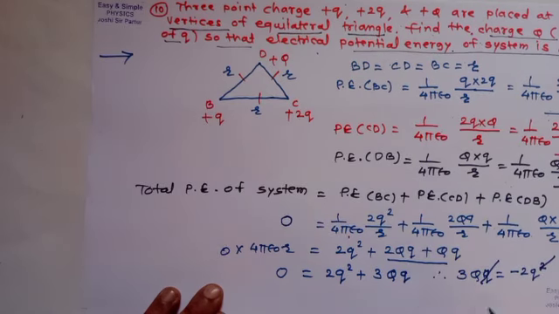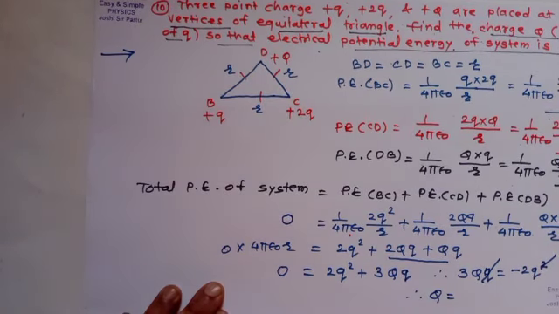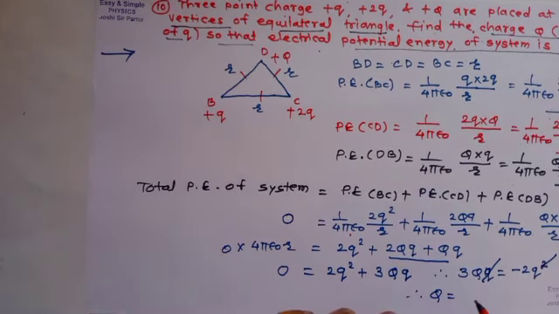One q gets cancelled, and therefore capital Q in terms of small q is minus 2q upon 3.